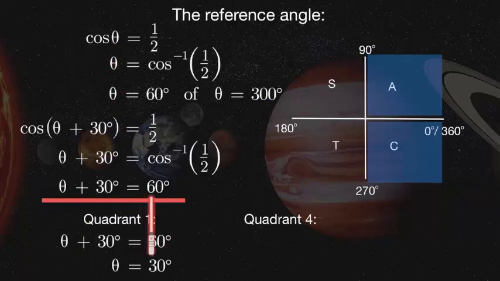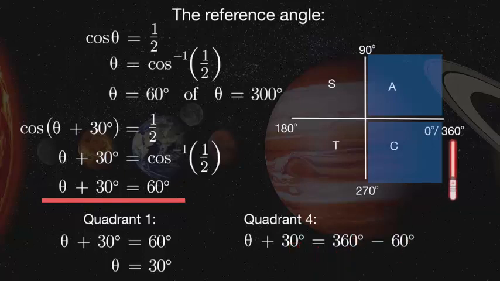But look here, we have to take this reference angle and subtract it from 360. So we have to do that first. We write theta plus 30 degrees is equal to 360 minus the reference angle, which is 60. And after we do this, we work out theta. So this plus 30 goes to the other side, becomes a minus, and theta is equal to 270.